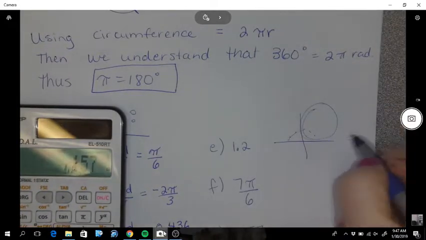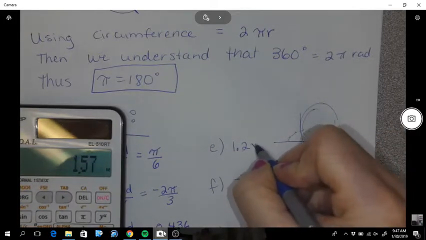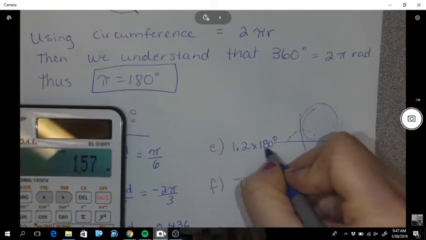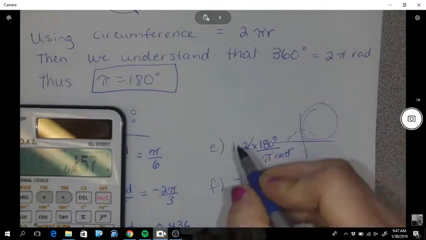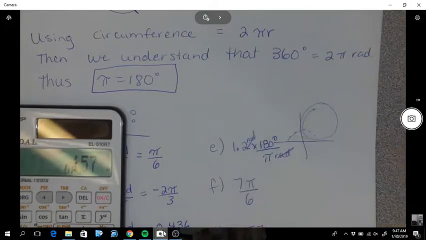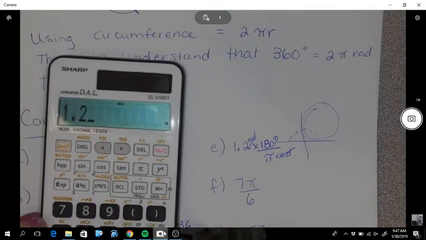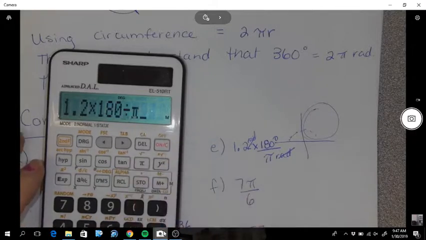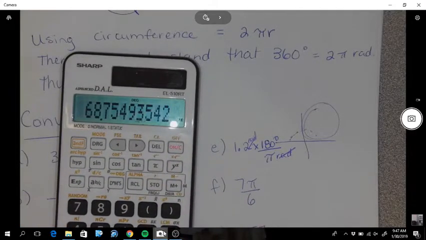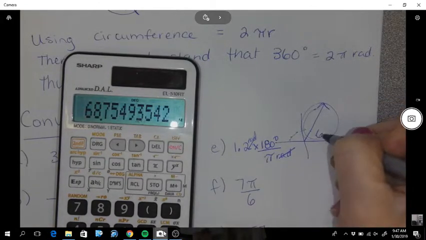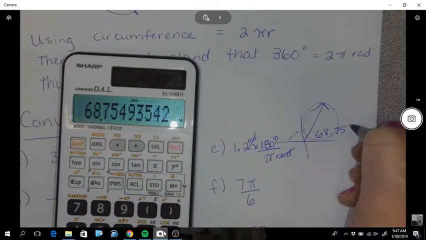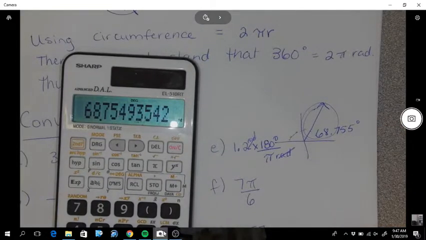Okay, so when I convert, I'm going to times by 180 degrees and divide by pi radians so that I get my radians to cancel. So 1.2 times 180 and then divide by pi. So I get, and my prediction was right, 68.755 degrees.